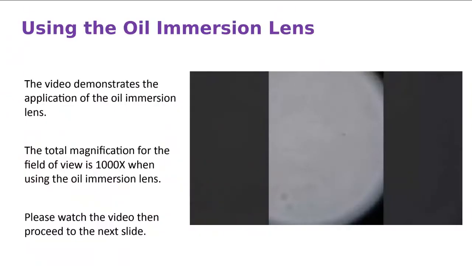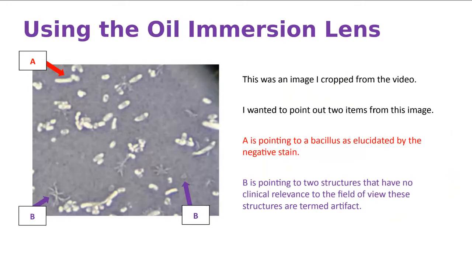Okay. So here's a video of me using the oil immersion so that you can see how it's used. Please watch this. We'll work with it when we get back to in person also, right? And then this is what you'll see for this particular slide that I used. So you can see that I'm pointing to some different structures.